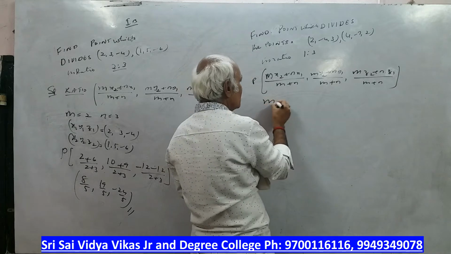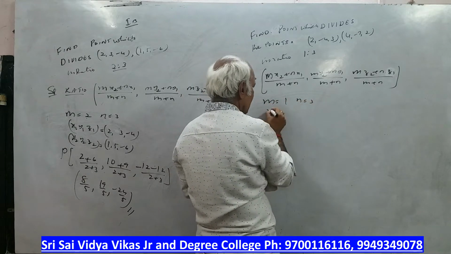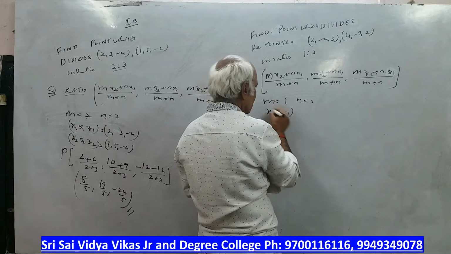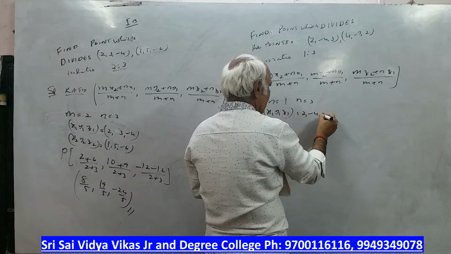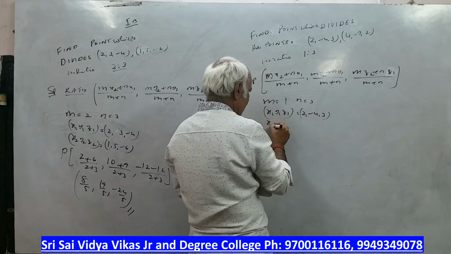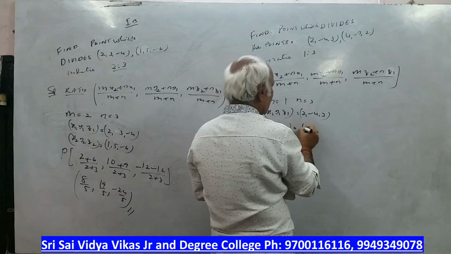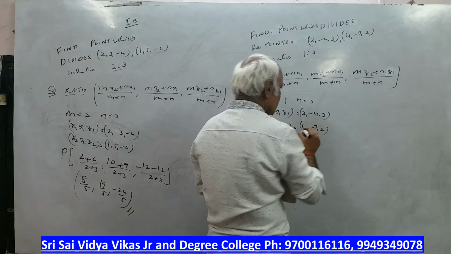Here m value 1, n value 3, x1, y1, z1 is equal to 2, minus 4, 3, x2, y2, z2 is equal to 4, minus 7, 2.